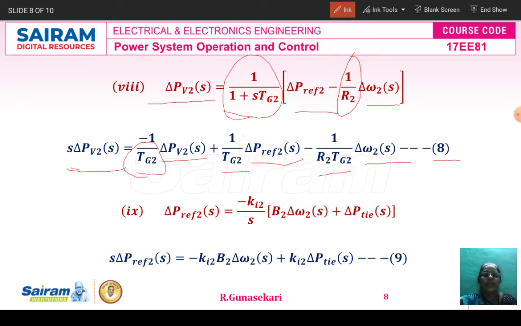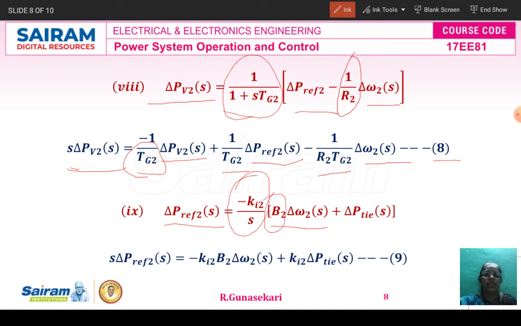Now we can derive the speed reference setting for area 2, that is ΔPreference2 of s equal to minus Ki2 divided by s. The minus Ki2 divided by s is the integral controller block for area 2, and then B2 Δω2 of s.